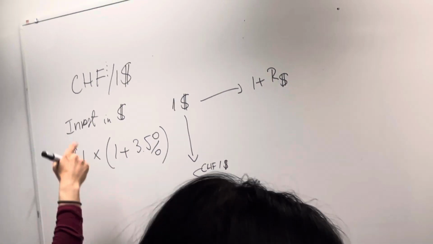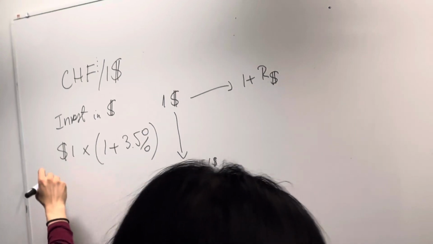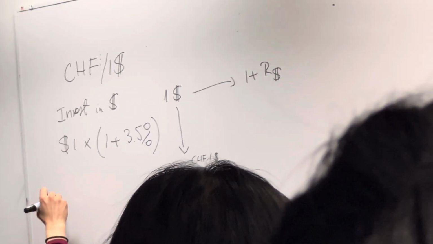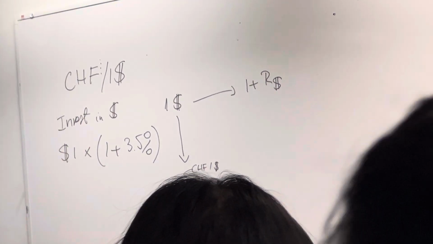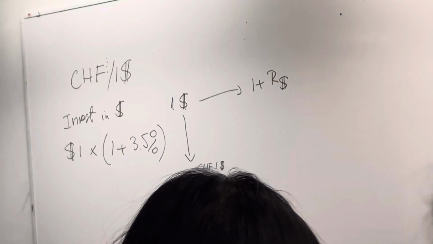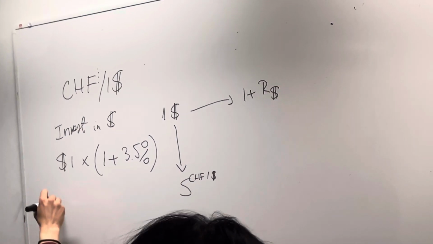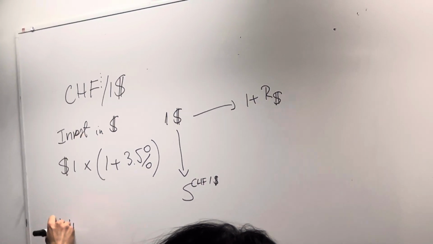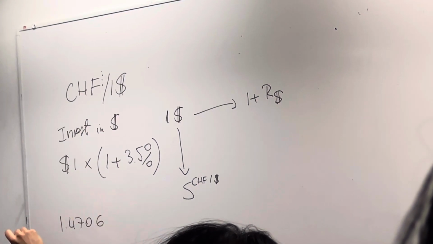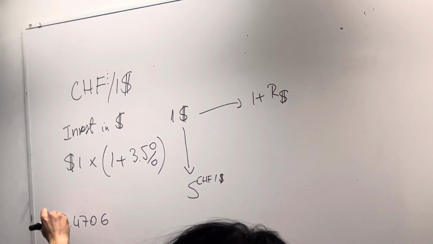In our case, $1 will get us how many Swiss francs? 1.4706 Swiss francs.